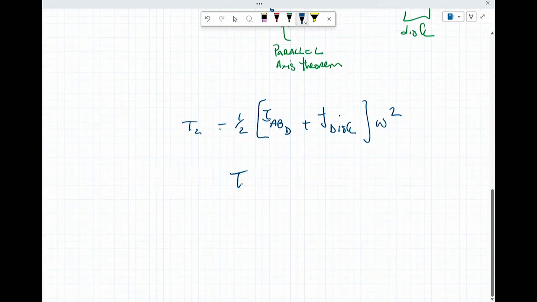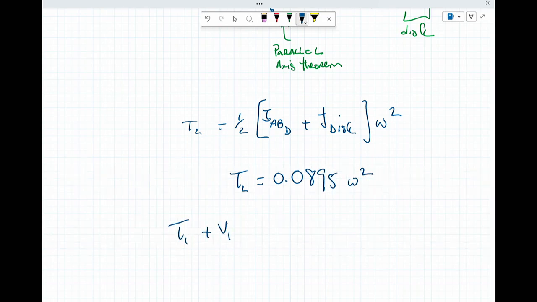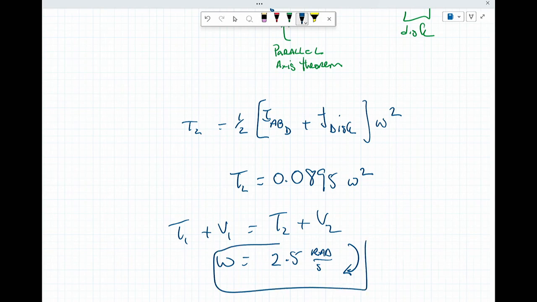So T2 equals 0.0895 omega squared. T1 plus V1 equals T2 plus V2. And omega, after putting all the terms in, is 2.5 rads per second. Now again, this is one of those cases where I'm not worried about direction.